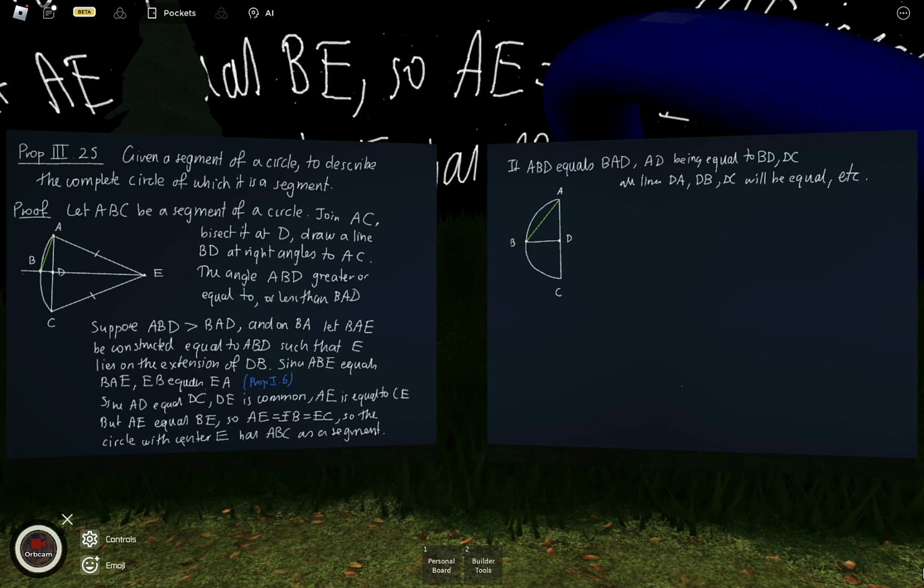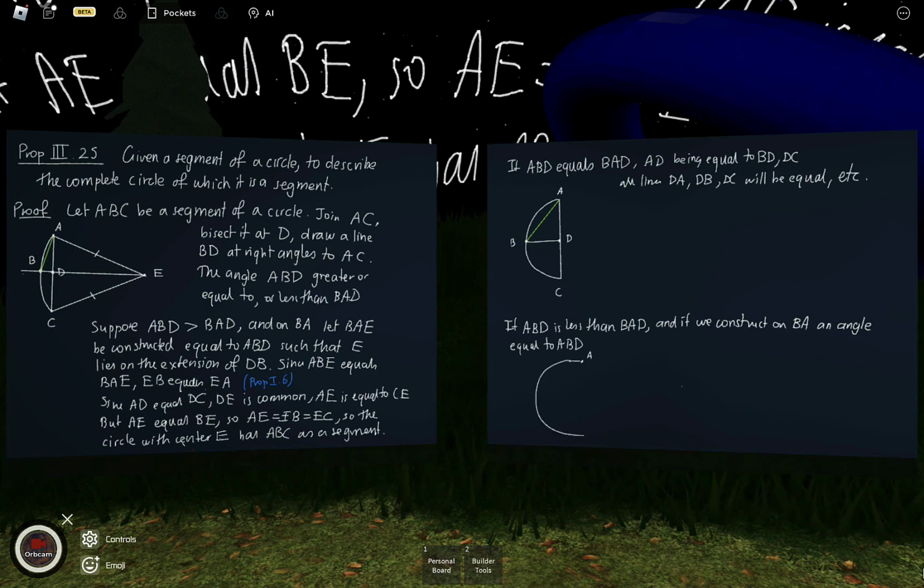So now let's go to the final case. If ABD is less than BAD, and if we construct on BA, so it's the same construction, we just get something inside now, an angle equal to ABD. So as follows.